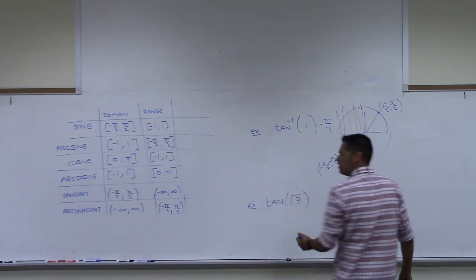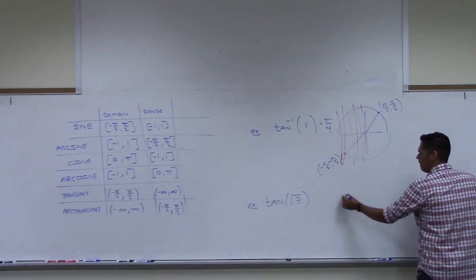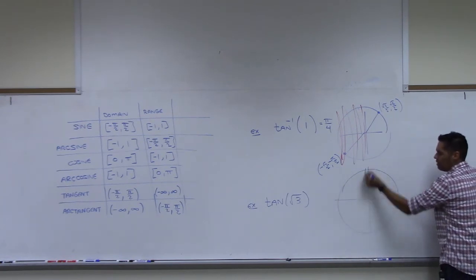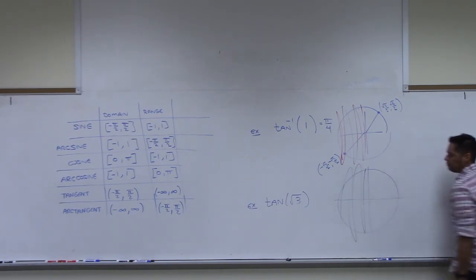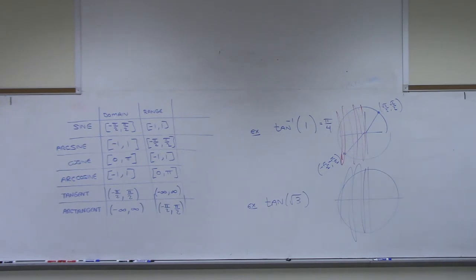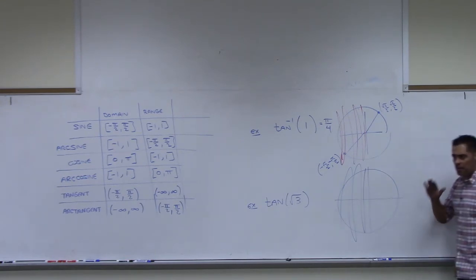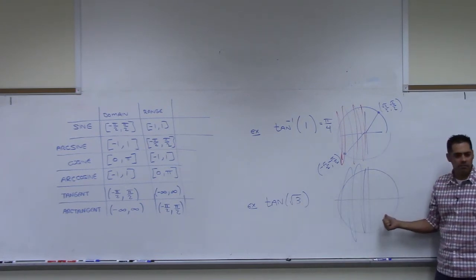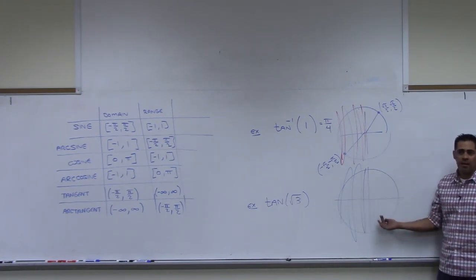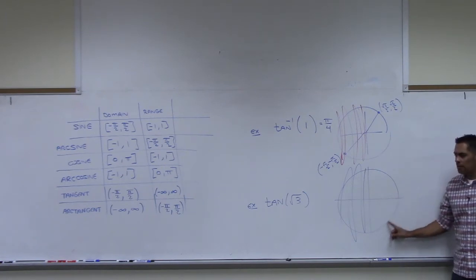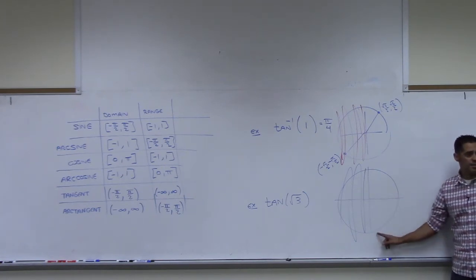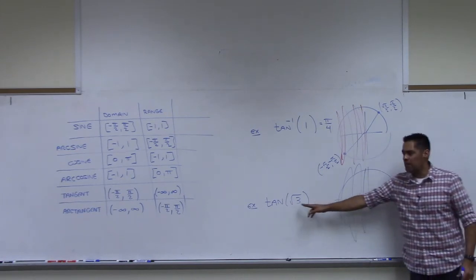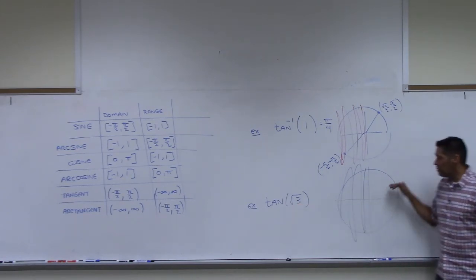Pi over 6. What is it? Okay, I can only play over here, right? I need the ratio of the y-coordinate over the x-coordinate to be this number. Can I be down here? No, these are negatives, right? If I'm over here, my y-coordinate's negative and my x-coordinate's positive, which means that the ratio can't be positive root 3. So I have to be up here.